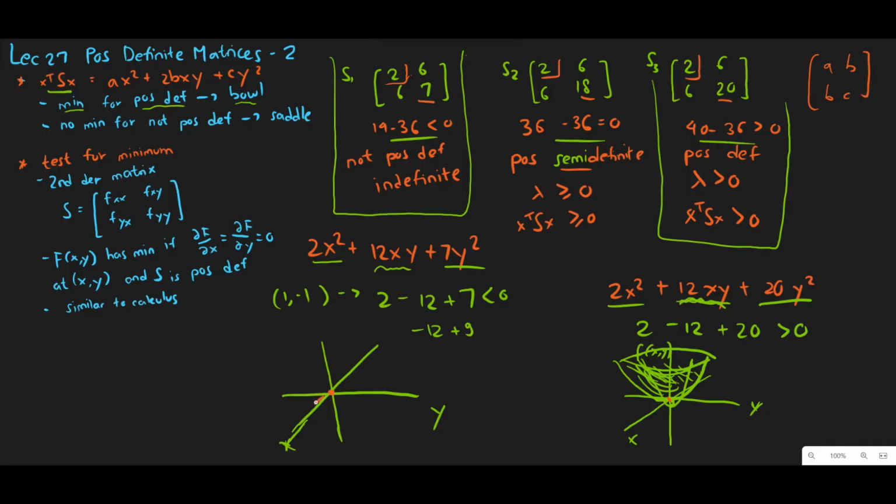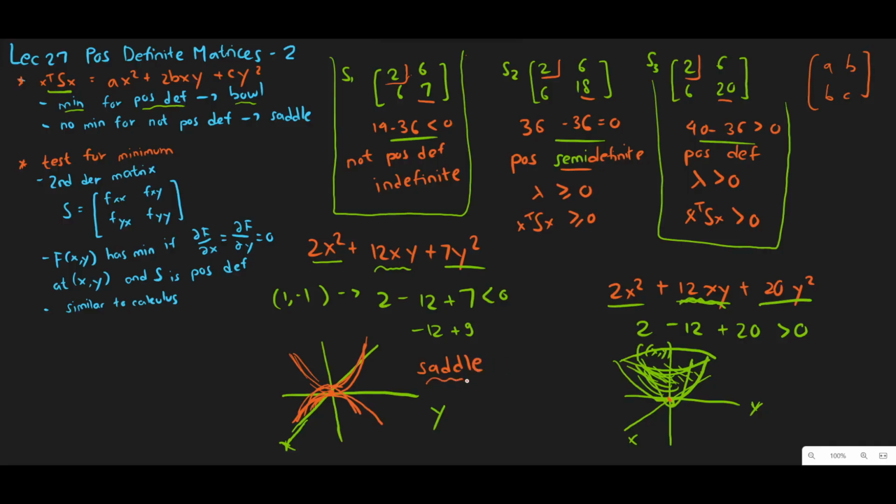Here it goes down, but in some other direction it also goes upwards. Professor Strang also drew this in the lecture. So for some points it goes downward, and for some points it goes upward. So it's called the saddle point.